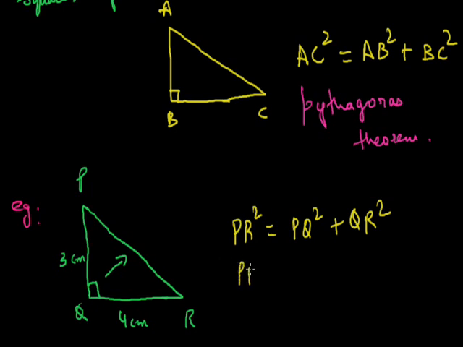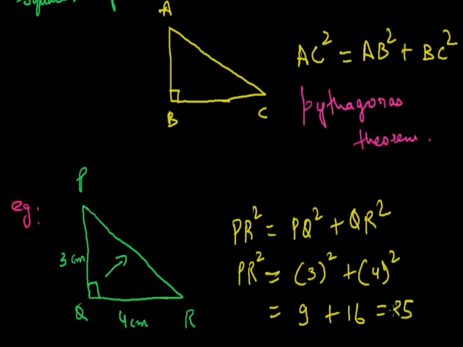Now we don't know the value of PR, so we will leave it as it is. We know the value of PQ, that is 3 cm, so we will square it, plus QR will be equals to 4 cm, so we will square this also. Now 3 square is 9 plus 4 square is 16, and it is equals to 25.